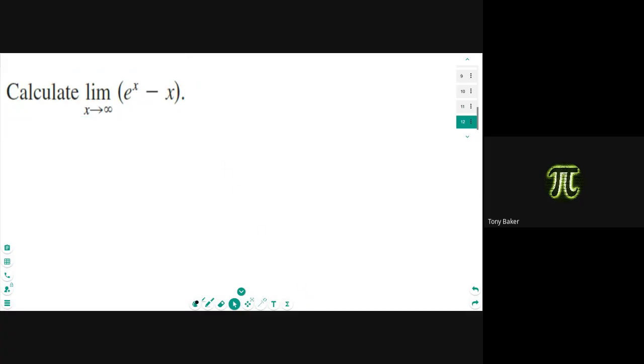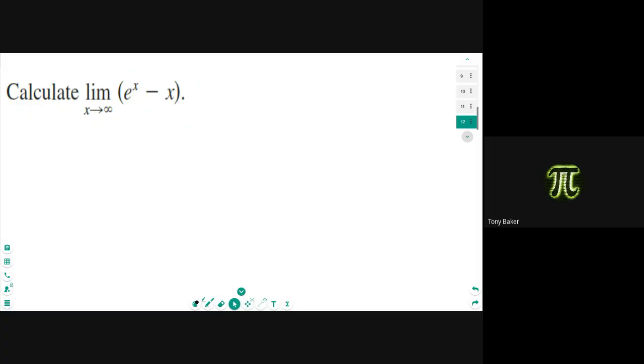Try this one. e to the infinity is infinity minus infinity.